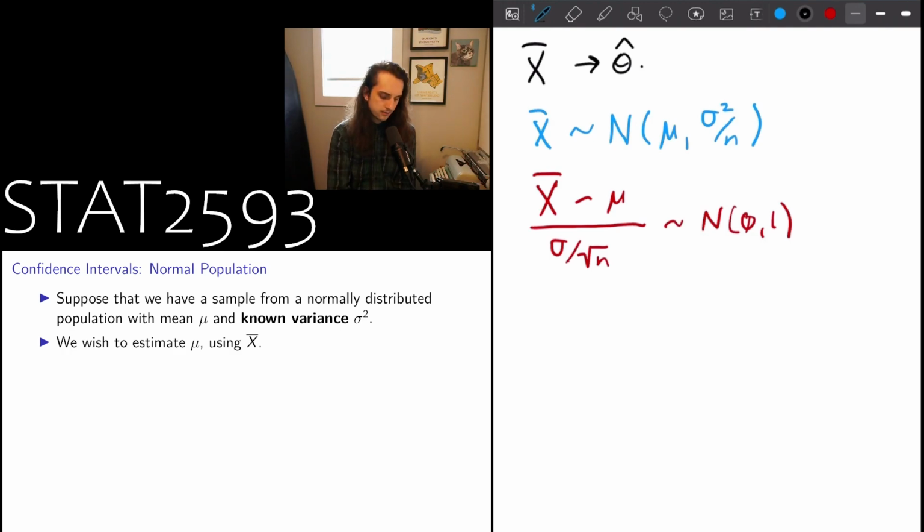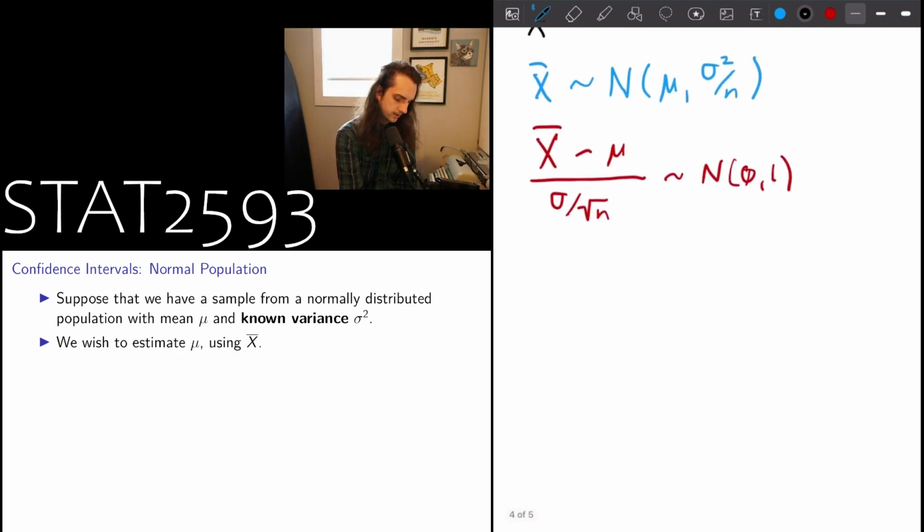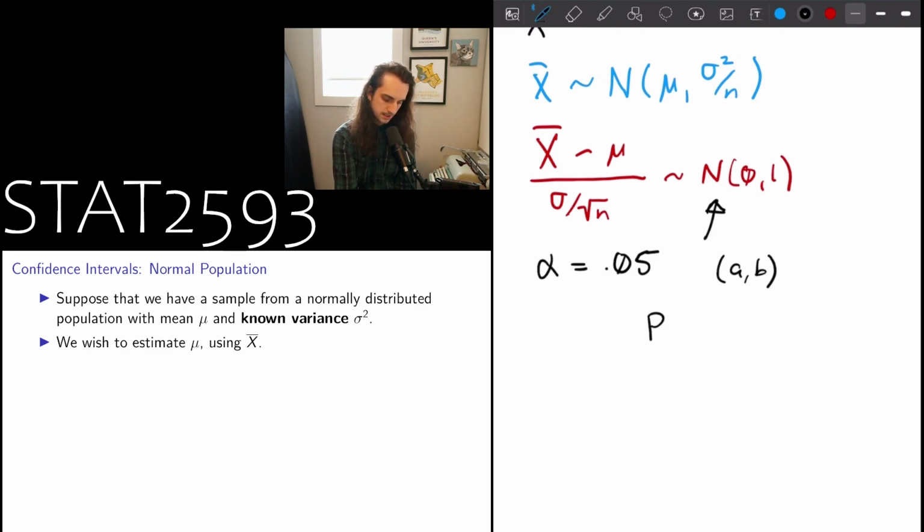And so if we now wanted to take alpha to be equal to 0.05, then we need some critical values from the normal distribution. In particular, we want some values a and b so that the probability that a is less than or equal to z, which is less than or equal to b, is going to equal 0.95, right?